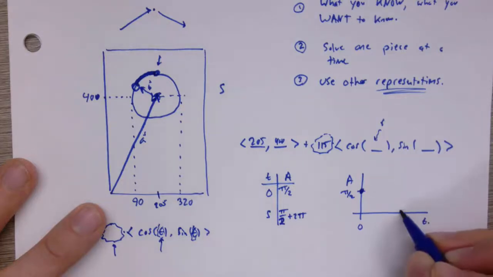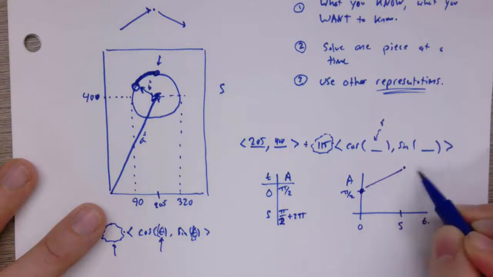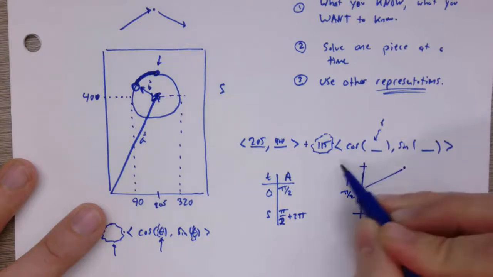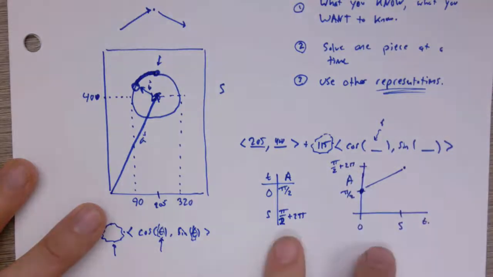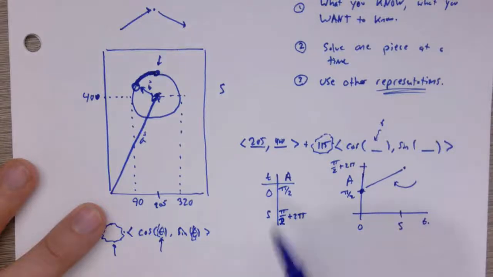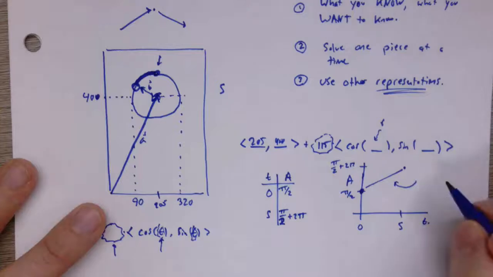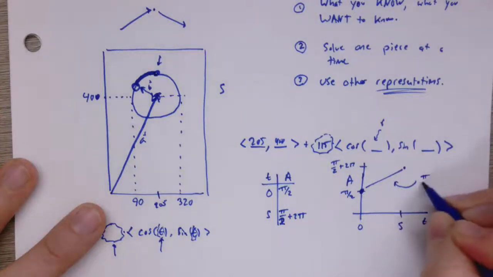And then same thing over here. After s seconds, I know I'm over here at pi over 2 plus 2 pi. All right, so I've represented it. Now all I have to do is ask, what's the equation of this line? What's the equation of this function? And you know how to find the equations of lines. So it's got a y-intercept of pi over 2.